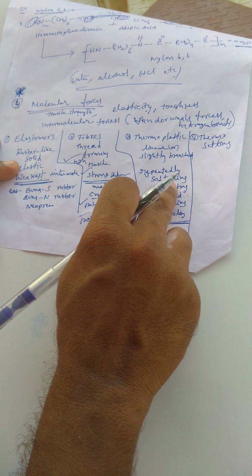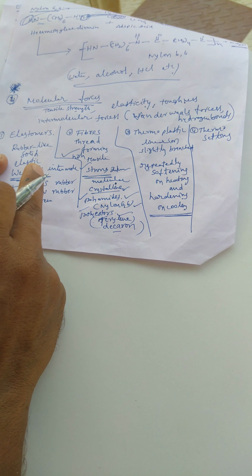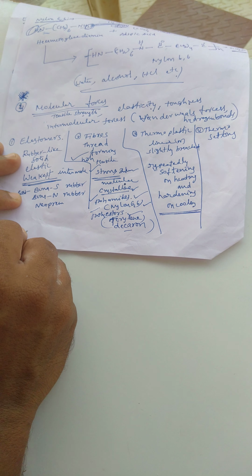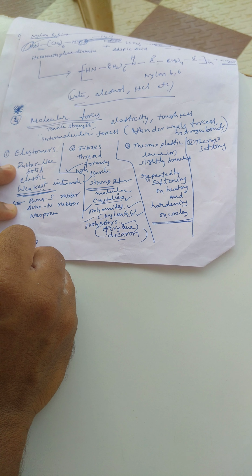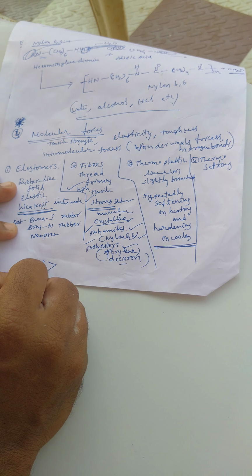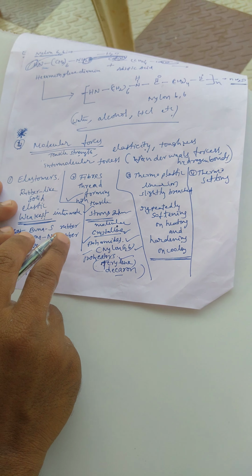Among these three, if you want the correct order of intermolecular forces, first fibers highest, next thermoplastic, next elastomer. Why?